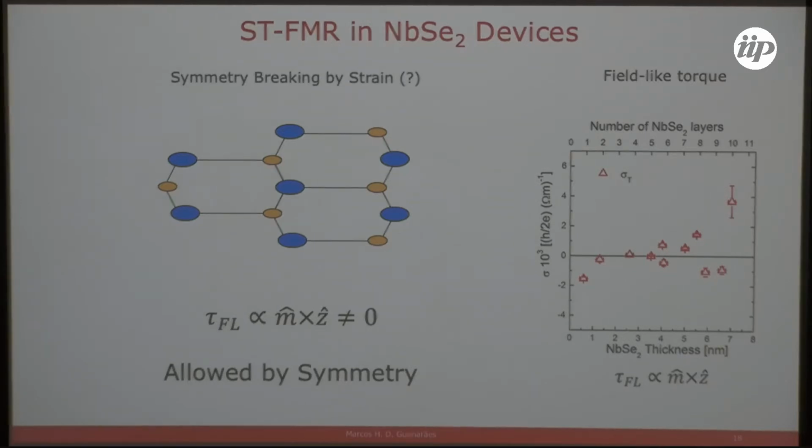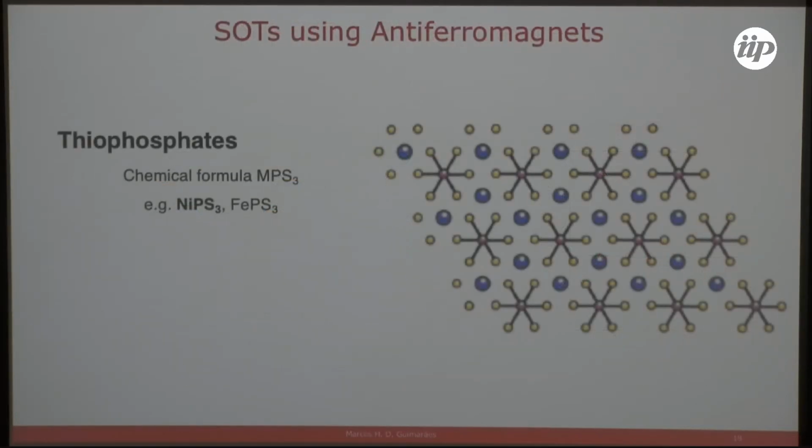But if this is true, we can envision a device where we can controllably break the symmetry by using a piezoelectric, for example, so that we tune the torque intensity and we turn it on and off, right? Which is very nice. But there is another knob that we can turn, which is actually much easier to make, which has to do with a phase transition in the material.